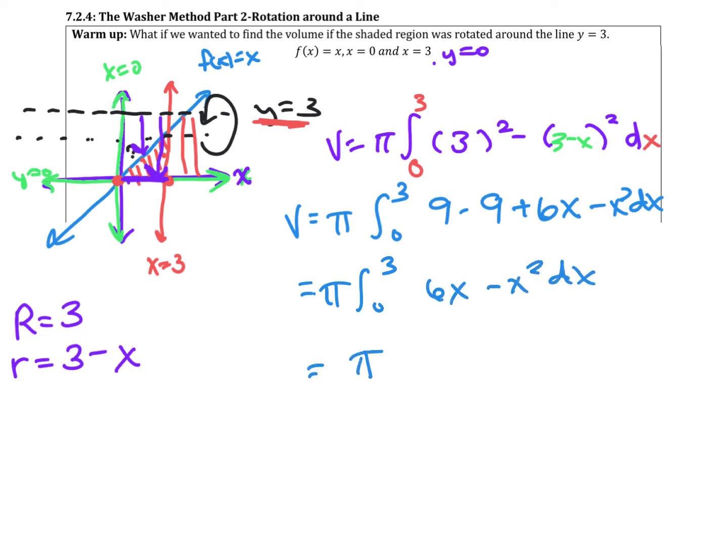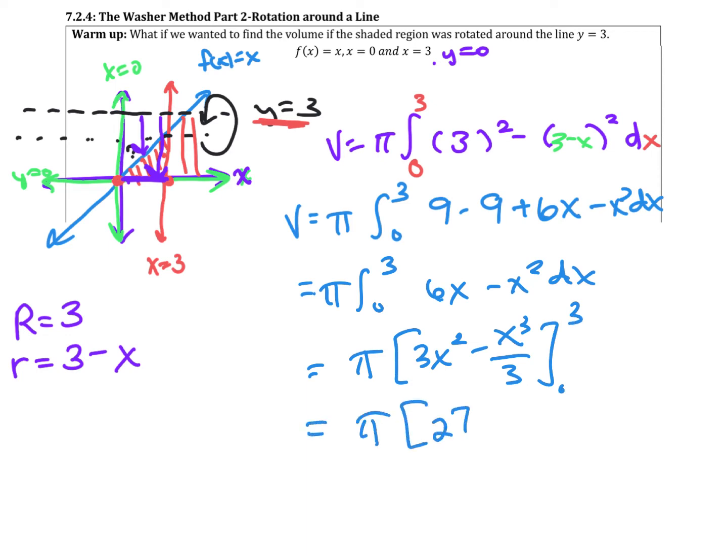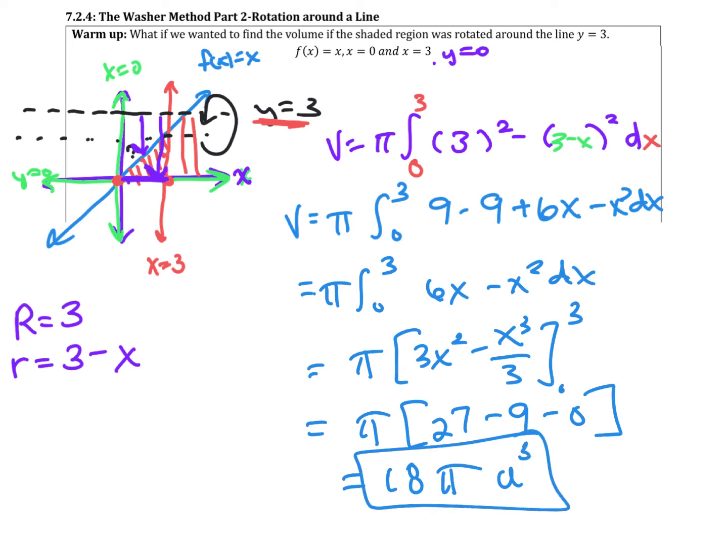The antiderivative of that is going to be 3x squared minus x to the third over 3, and we're evaluating that from 0 to 3. If we plug in 3, we're going to get 27 minus 9 minus 0. So this is going to be 18 pi units cubed.